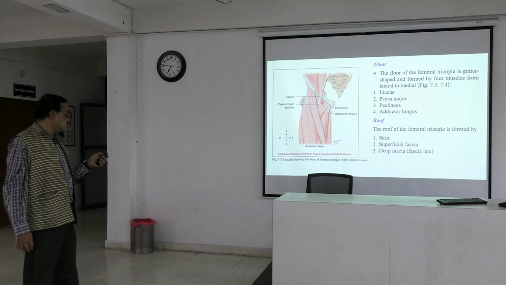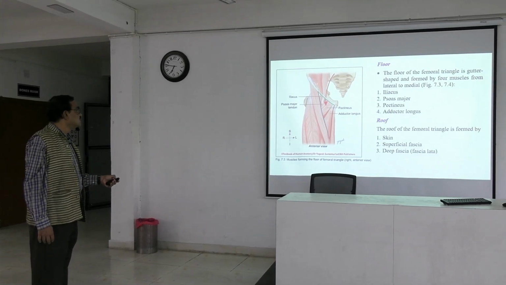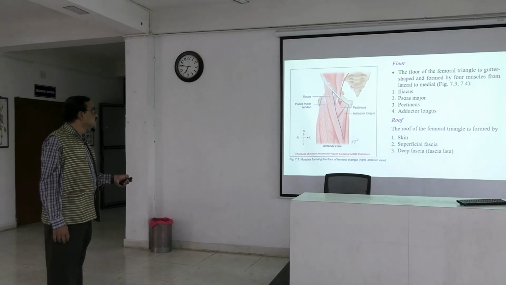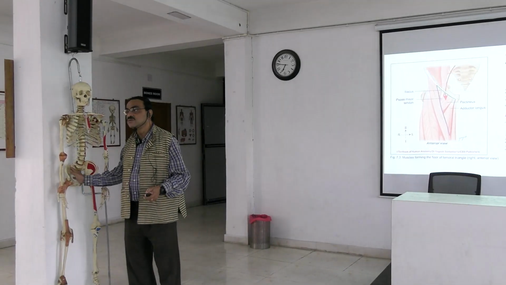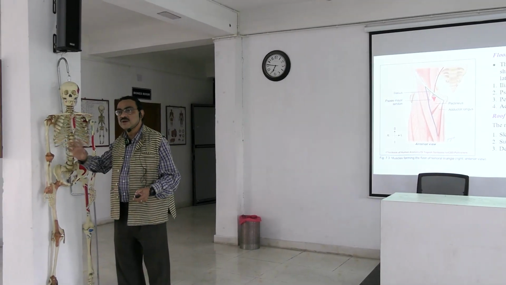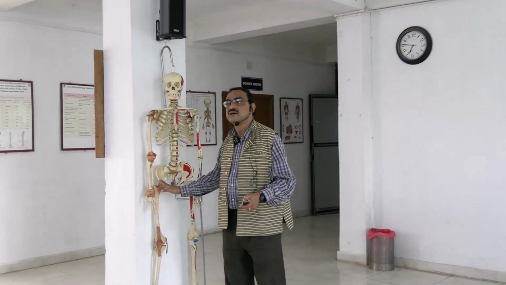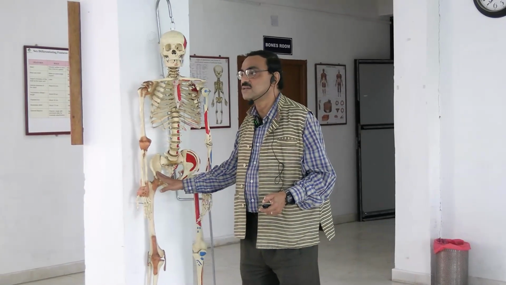So this picture shows the floor. This is the iliacus muscle, which originates from the hip bone. This is the hip bone, and you are already going through the hip bone. This is the iliac fossa, which is the origin of the iliacus muscle.